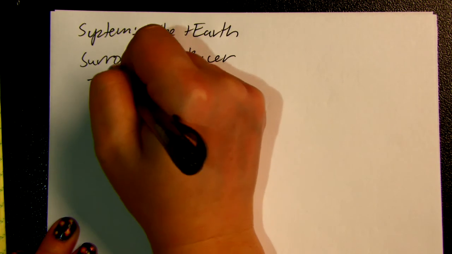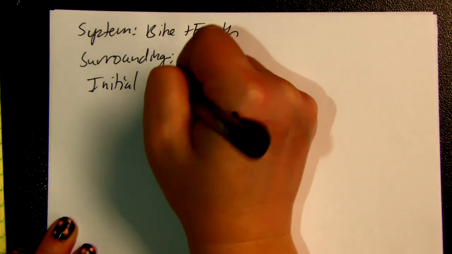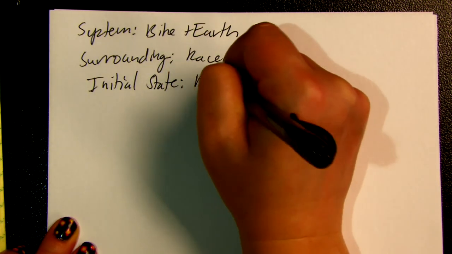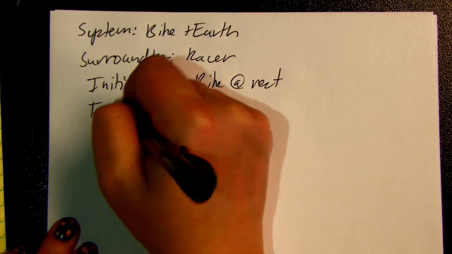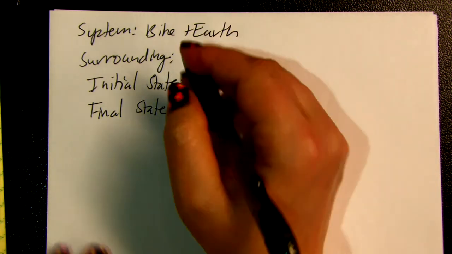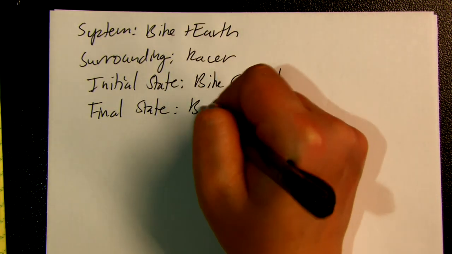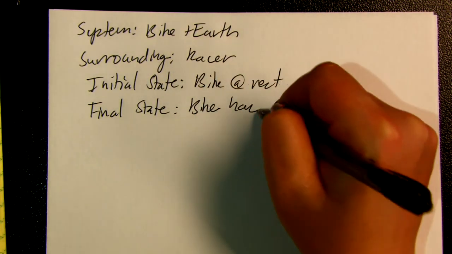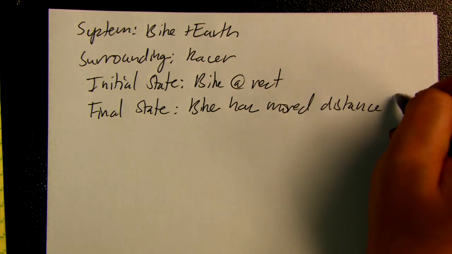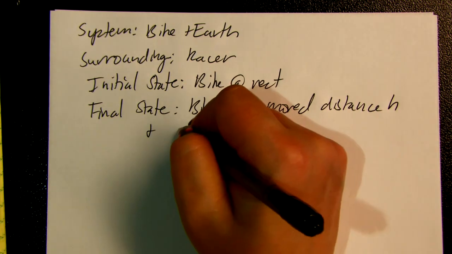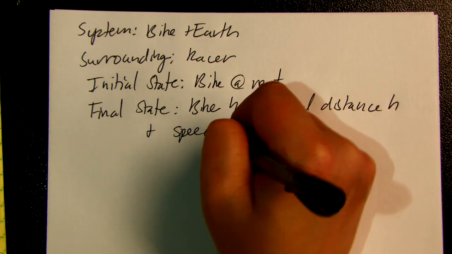The initial state is the bike at rest. And the final state, the bike has moved distance h and has speed v.